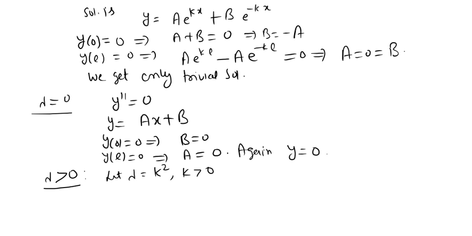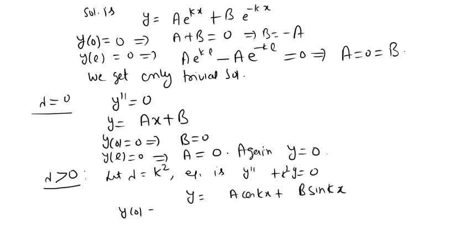So the equation is y double prime plus k square y equal to 0, which has solution y equal to a cos kx plus b sine kx.